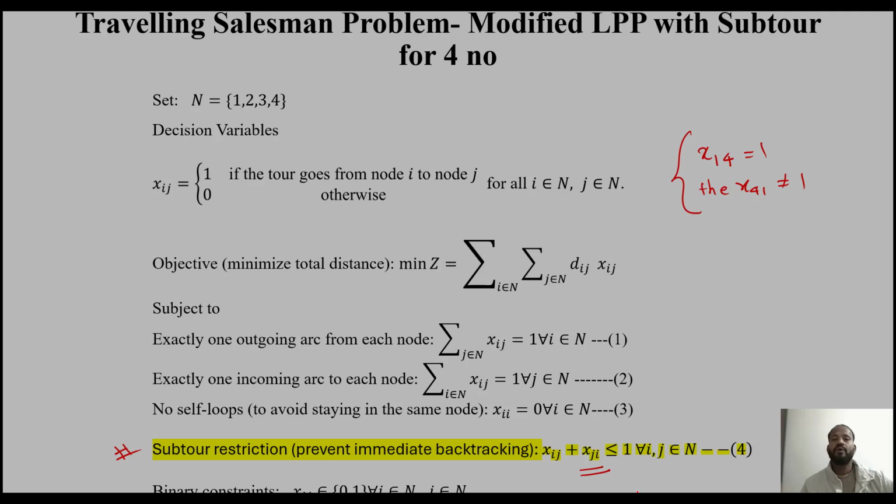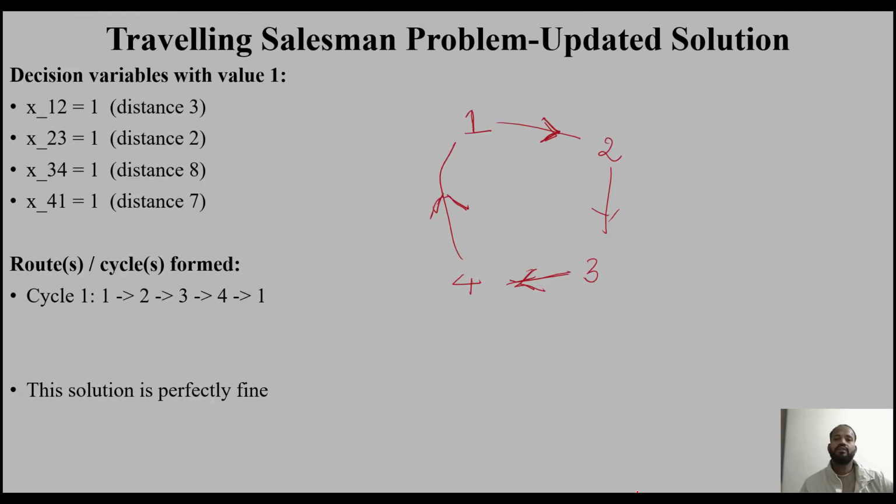When you run this program, you get the solution shown in the next line. Here you can see the solution is acceptable. It forms a tour and the total distance is 20, which we have already seen using enumeration. That means this method works, and this is called subtour elimination.